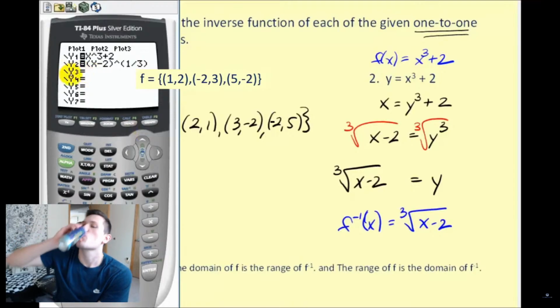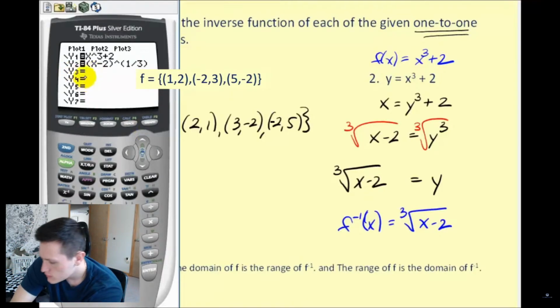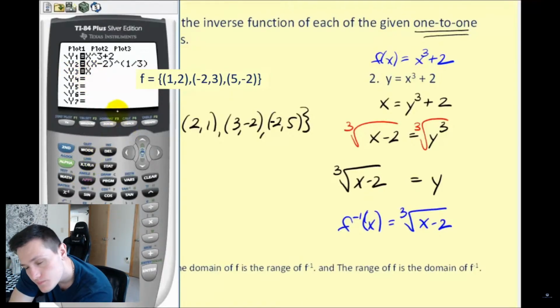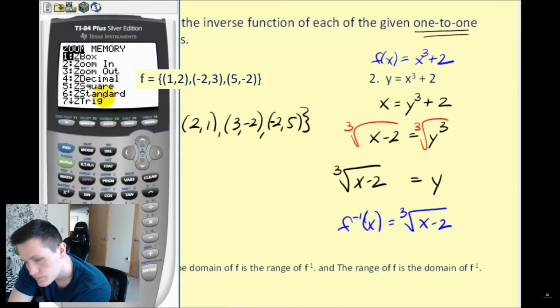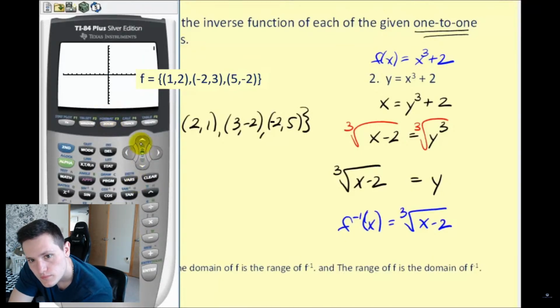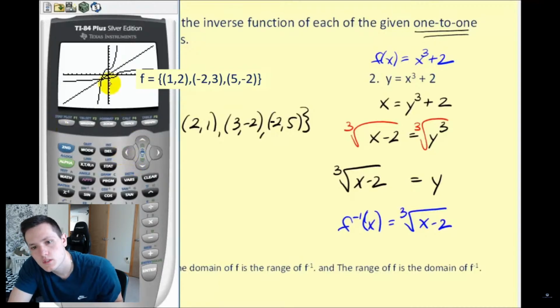And let's go ahead and graph y equals x as well. And let's go ahead and make sure we have the standard window, zoom 6. There's our function. There's our inverse function. And these two share a special geometric property in relation to the line y equals x.